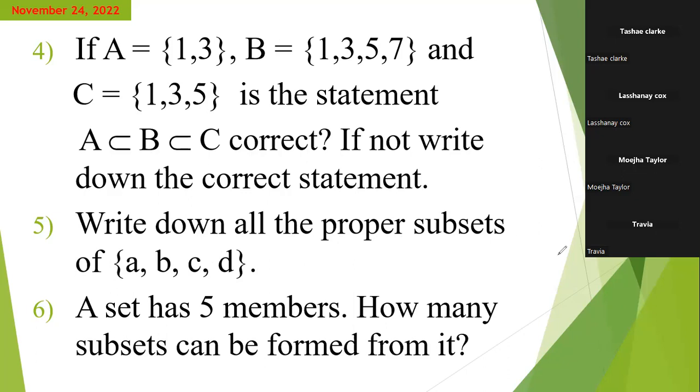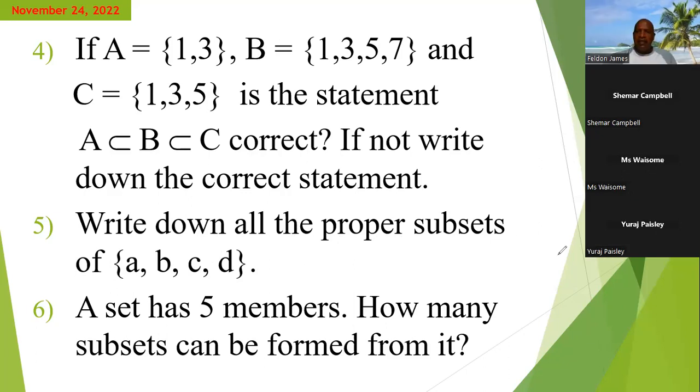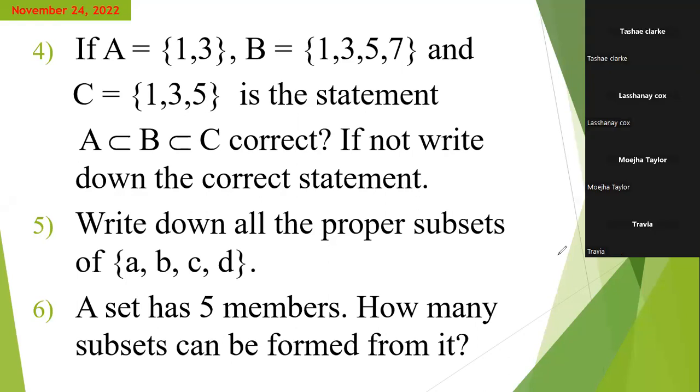Ms. Waysam says 15, because the null set is not a proper subset, and there are about 3 persons in agreement with her, Mr. Campbell and Ms. Clark. So I'm asking you, are you in agreement with Ms. Waysam, Mr. Paisley? You're not sure? Not sure, sir.